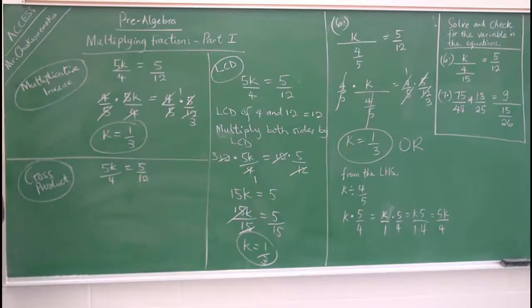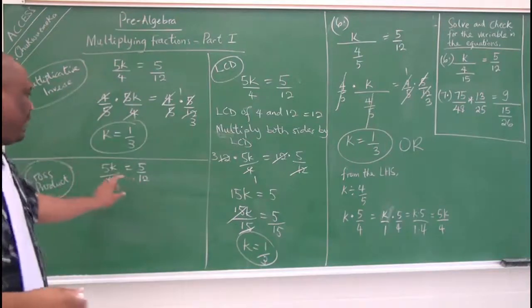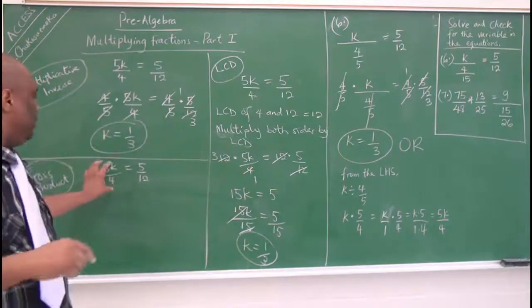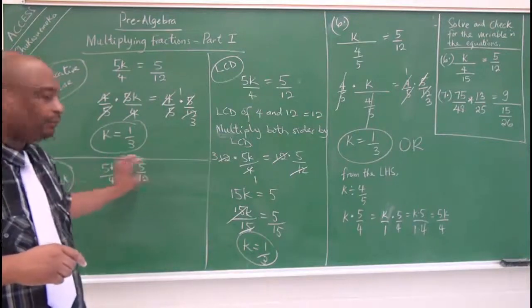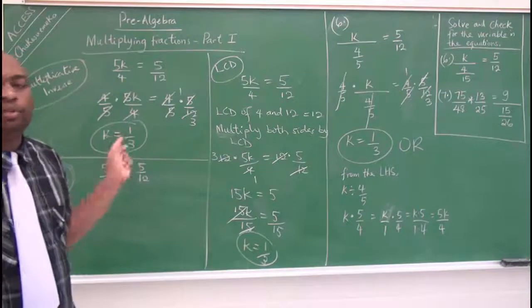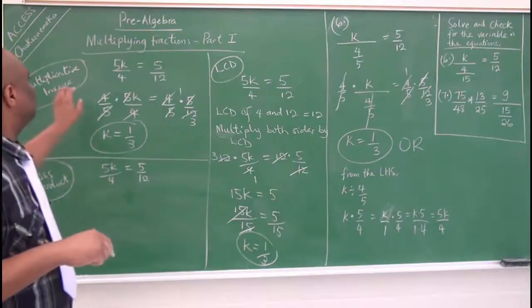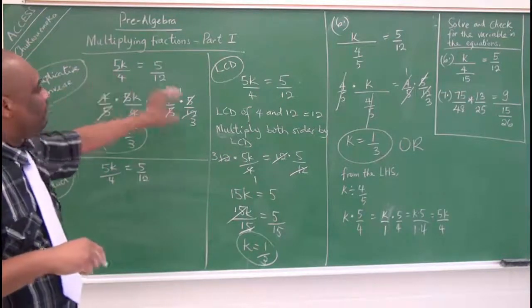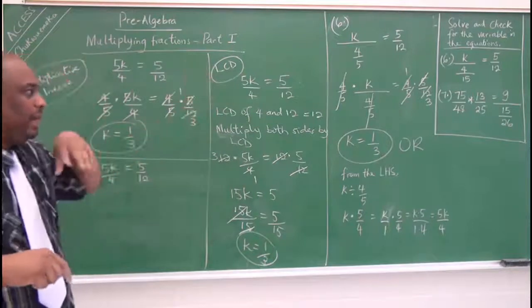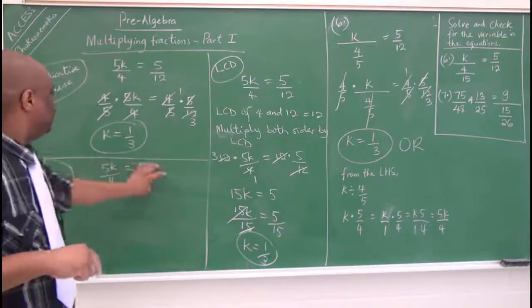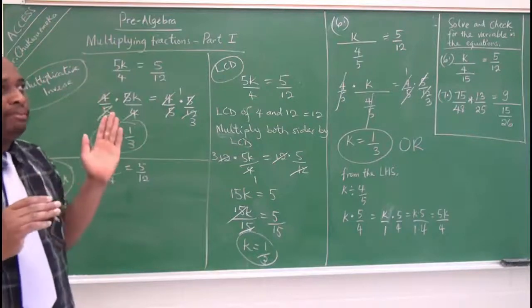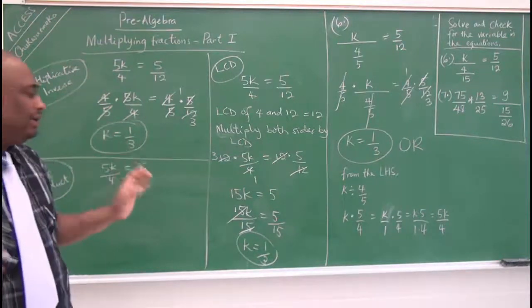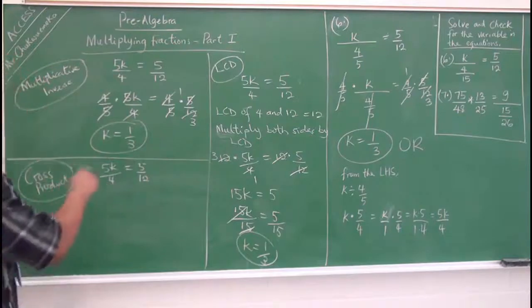But be careful, cross product is only used when you have an equation and when you only have a single term here and a single term here. That is the only time you use cross product. Make sure you only have one single term on the left, one single term on the right. Then you can cross multiply.